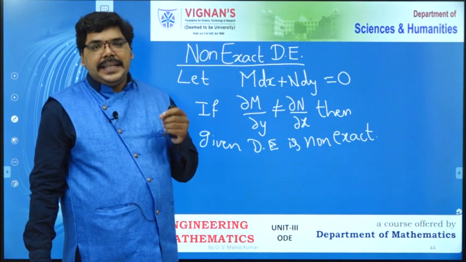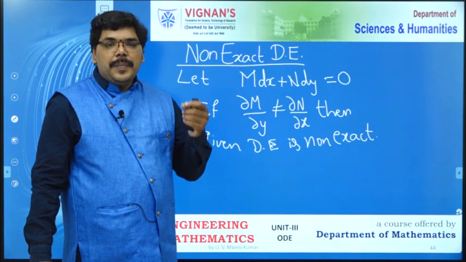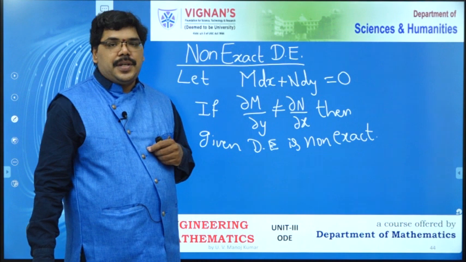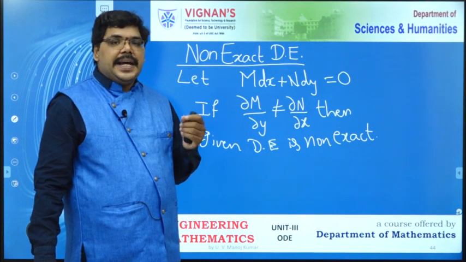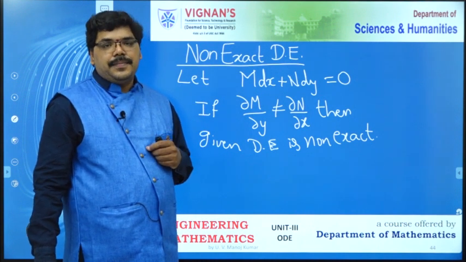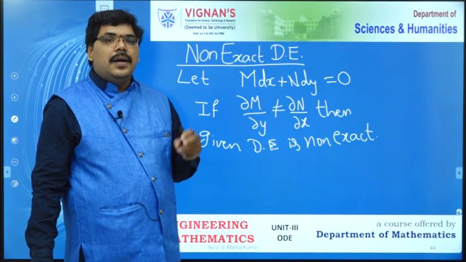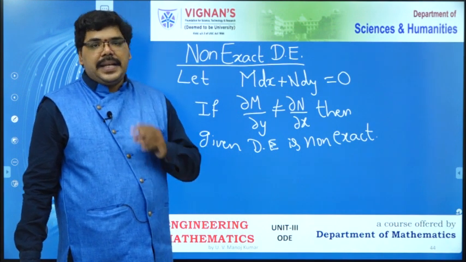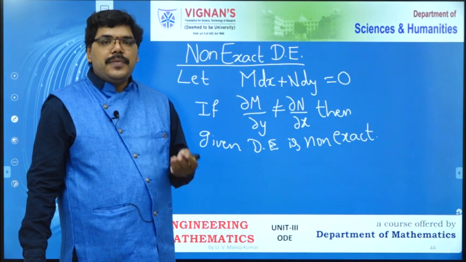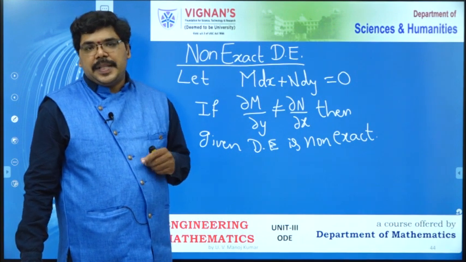After finding the integrating factor, we multiply the given differential equation on both sides by it. That reduces the non-exact into exact, so then we will solve using the exact method.